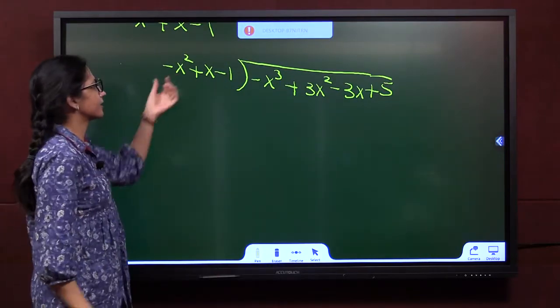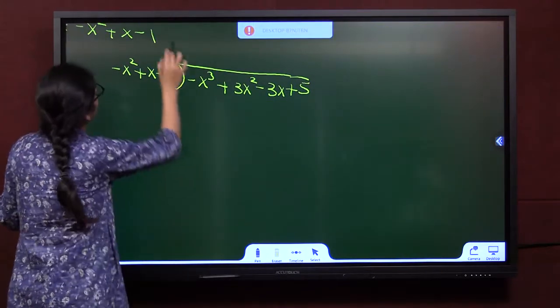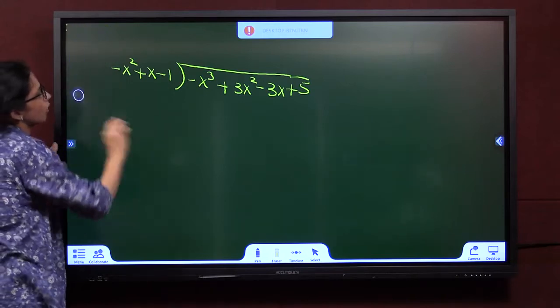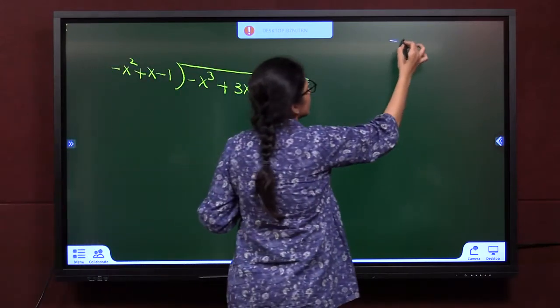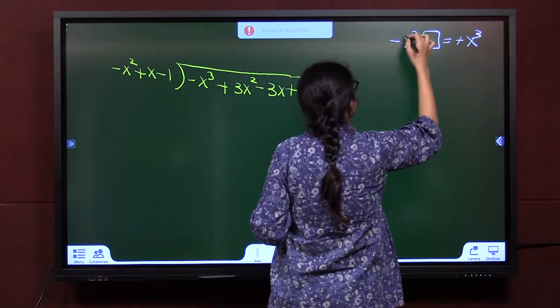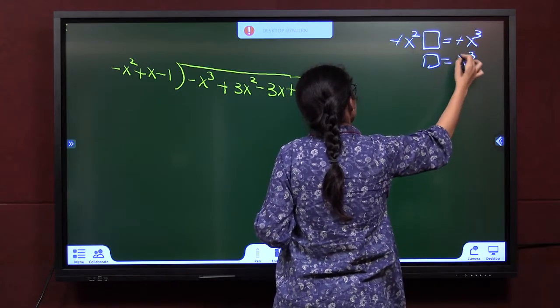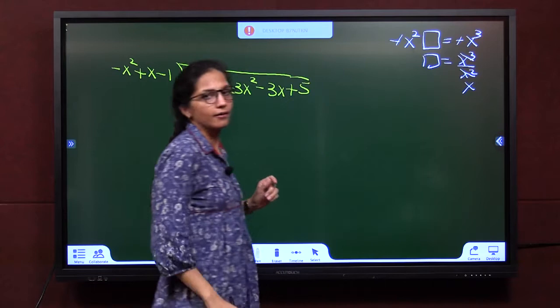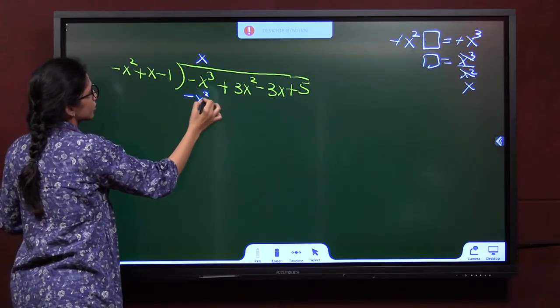So minus x square into what will give me minus x cube? Minus minus cancels. X cube by x square, so you're getting x. Agreed? Yes. Minus x square into x gives me minus x cube.